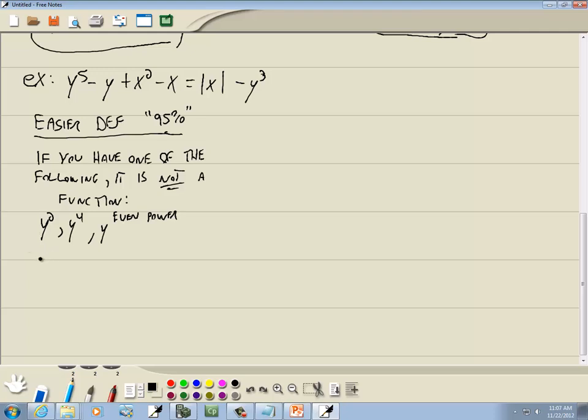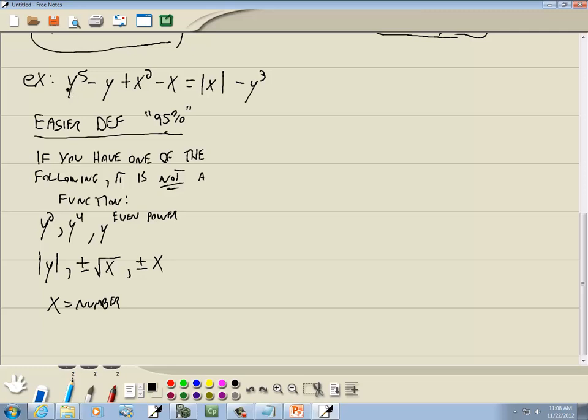If you have the absolute value of y, or plus or minus square root of x, or actually just any plus or minus x of any form, or x is equal to a number, that's not a function. Now, these don't have to be by themselves. I can have other numbers in there with it, like the absolute value of y minus 5, or y squared minus 3y plus 2, but you get a y inside an absolute value.